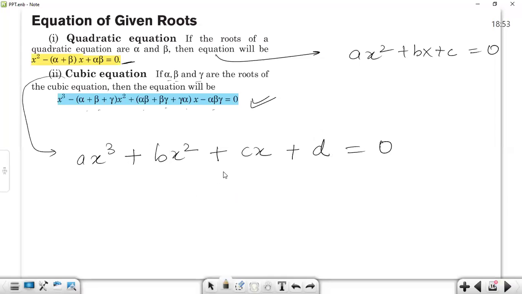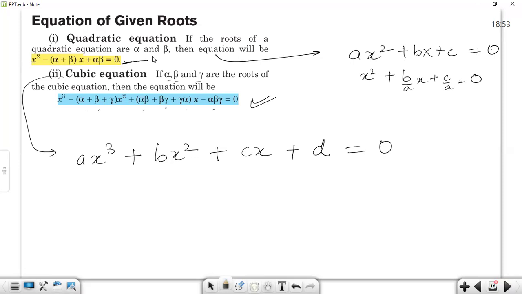Yes, sir. Okay, so let's first modify this general equation. Let's divide by a on both sides to make the coefficient of x square 1, because it is 1 here. Dividing by a on both sides, 0 by a becomes 0 only.